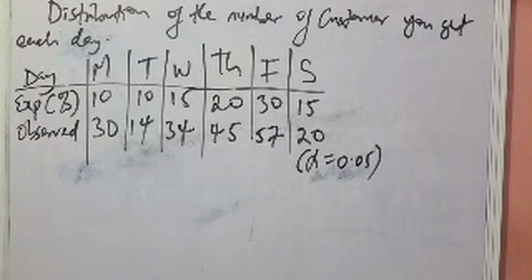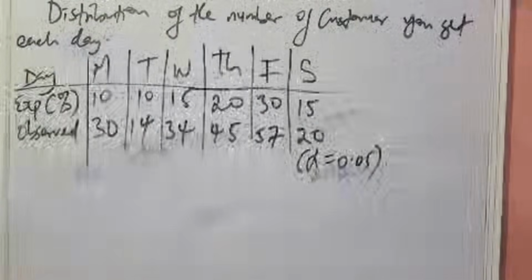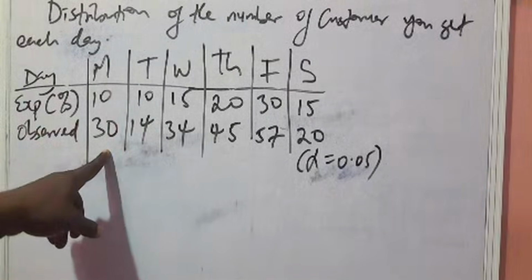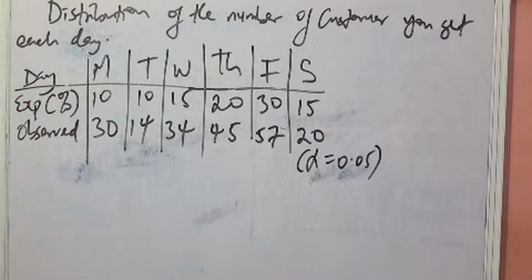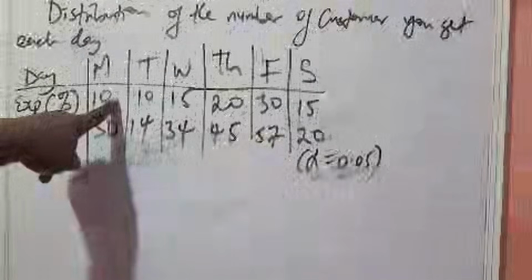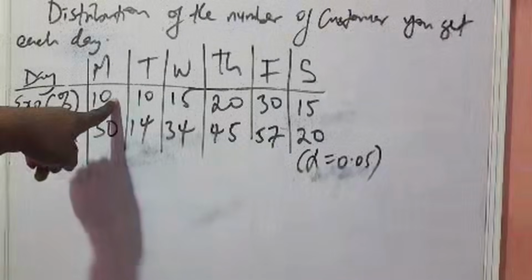So what you need to do is to convert your expected value to actual data, no longer percentage, because you cannot use percentage and not percentage together. It will not give you the right answer. All right. So you need to go and find out what was 10%. What's the actual value for 10%?